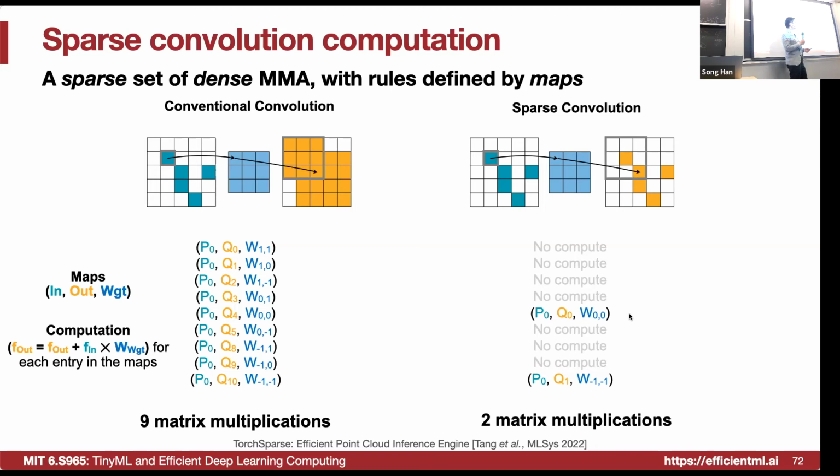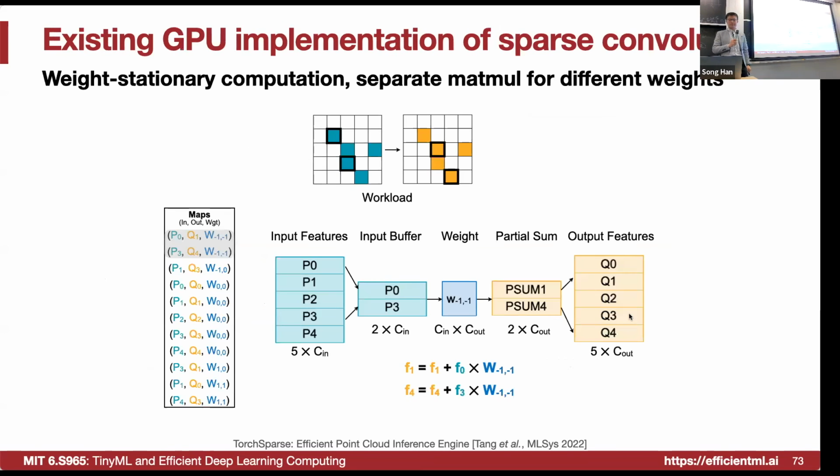Okay? So here, this input is only contributing to 2 outputs. Only 2 outputs out of 9. So the number of multiplications is sparse, much less than the dense case. Therefore, we need to know the mapping for a particular kernel location, like this one for kernel W-1,-1.